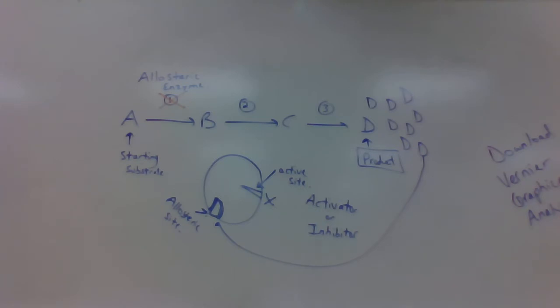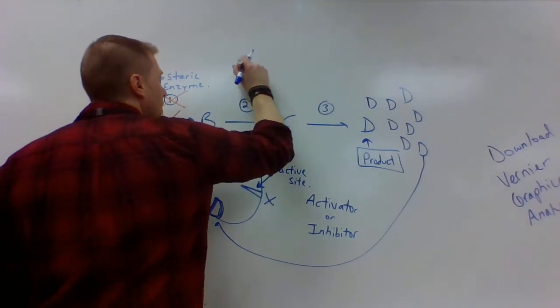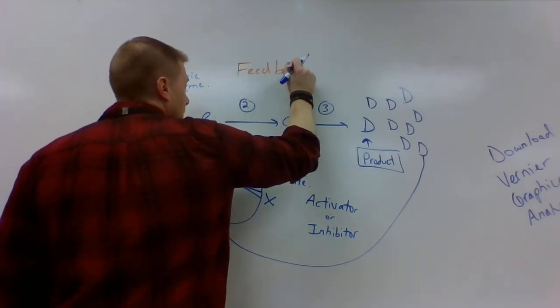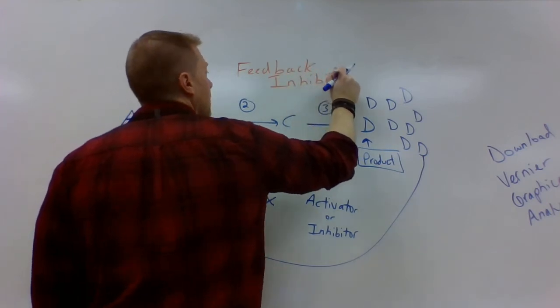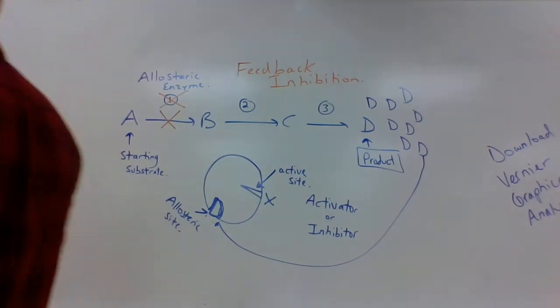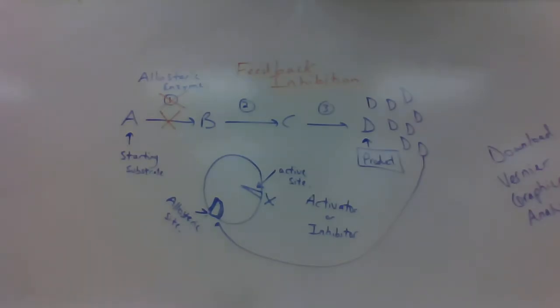So when buildup of the end product shuts down the metabolic pathway, what do we call this entire process? Go ahead, Nick, you said it before. Feedback inhibition. Right? Which is an extremely important term for you to know. Feedback inhibition is how we regulate our metabolic pathways.